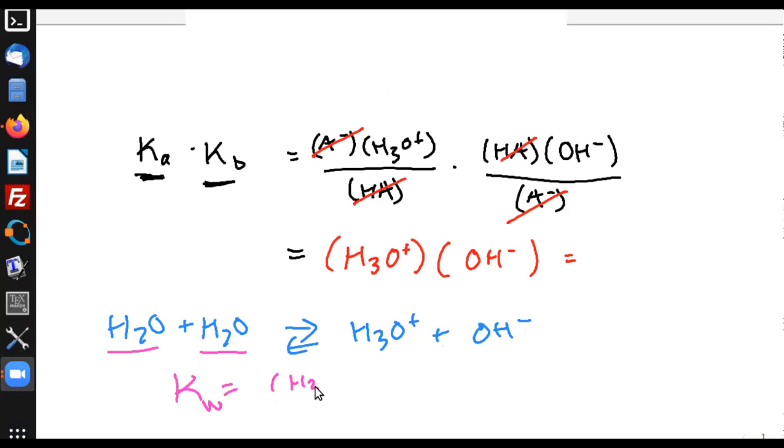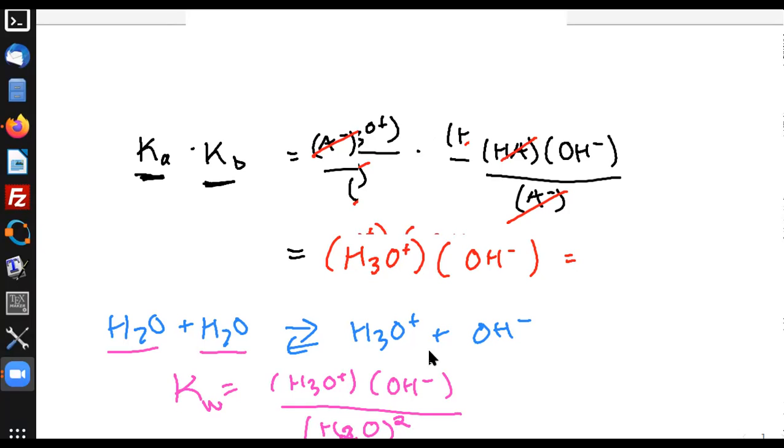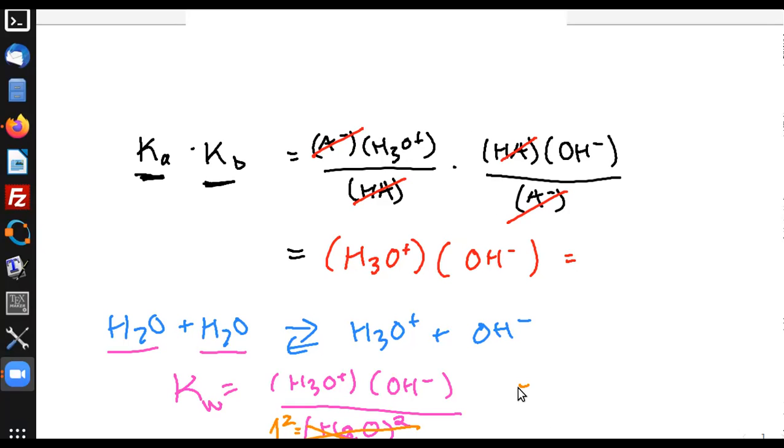So then it's H3O plus and OH minus divided by H2O. This is 2 times that one, so we should either have it 2 times or we can indicate that with a square here. But this was unity, so the square is perhaps unnecessary to state. So this is just H3O plus and OH minus. This is the same as we have here.